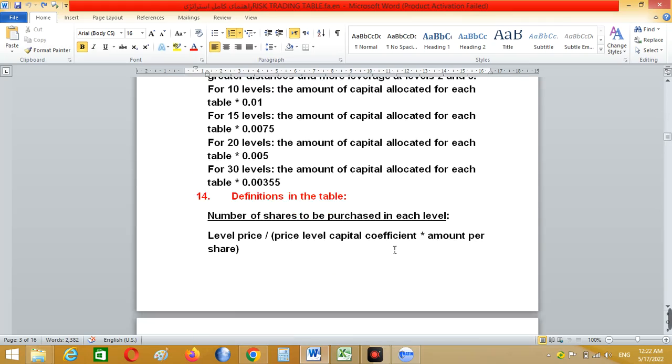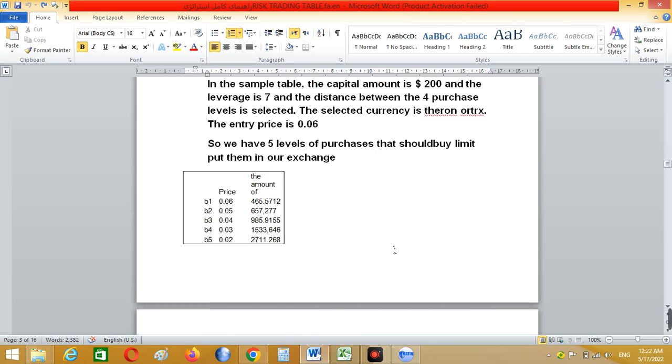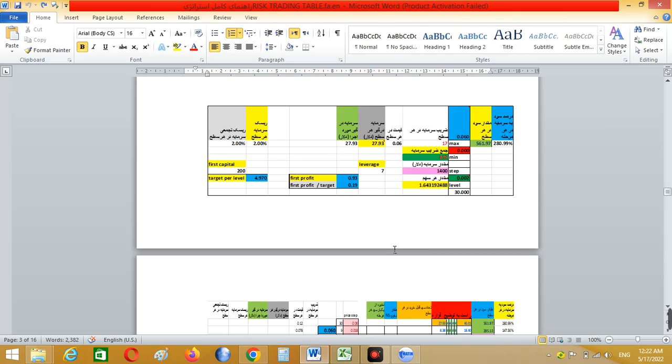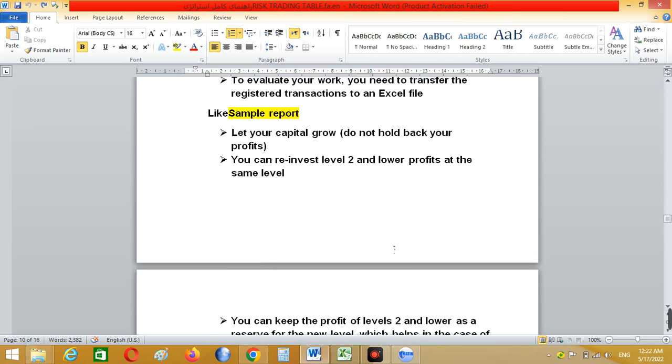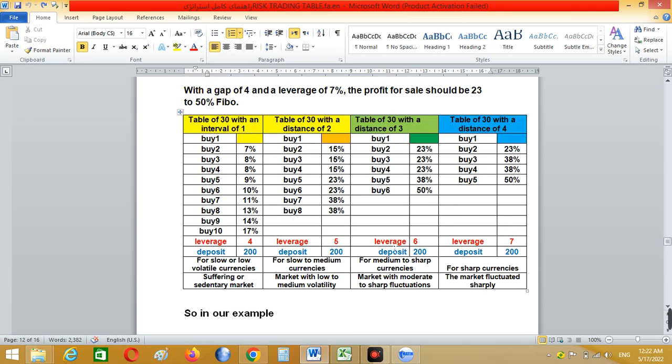In the next table I want to show you which currency, which market is suitable for this method. Some details come here. For one step, for slow or low volatile currencies, you can use this type of table.